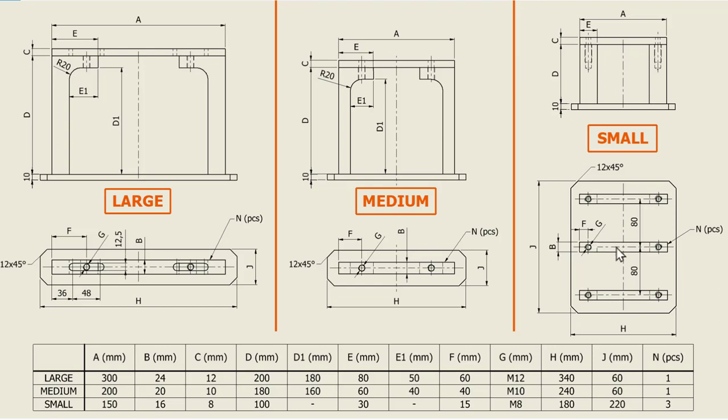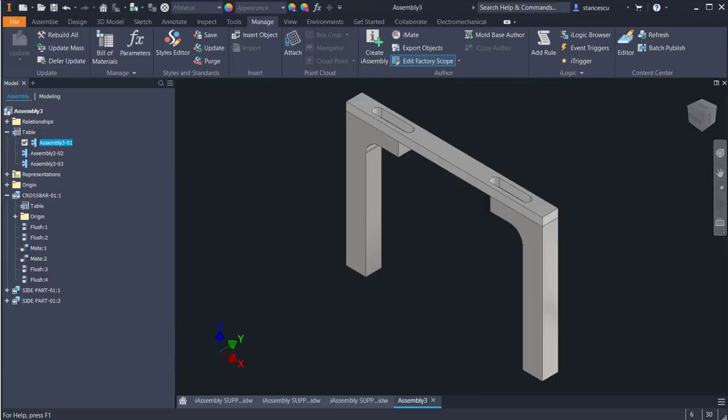This means that we have to create a pattern, an array of objects. Let's do this. We create 1, 1, or 3. Let's make this.